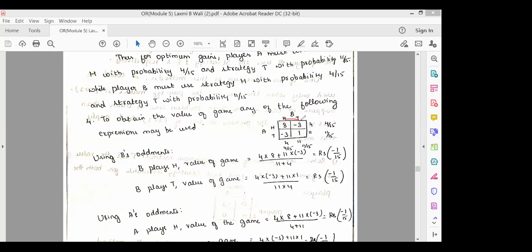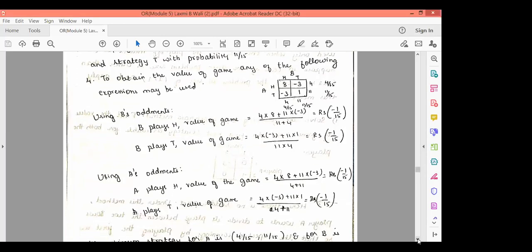How is that? Multiply these elements with these oddments: 8 into 4 plus minus 3 into 11, divided by 4 plus 11. And then multiply these elements with these oddments to find out the value of the game. So when you use the oddments of A or B, you have to get the same value of the game.